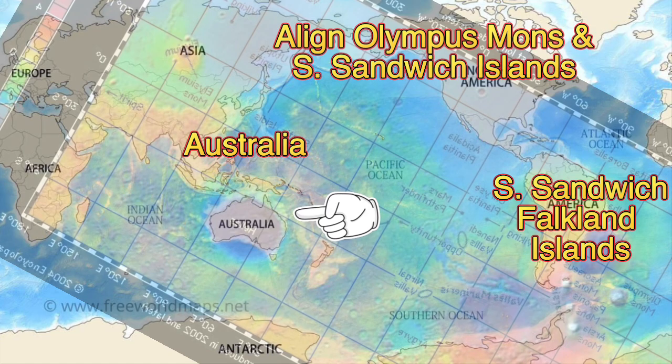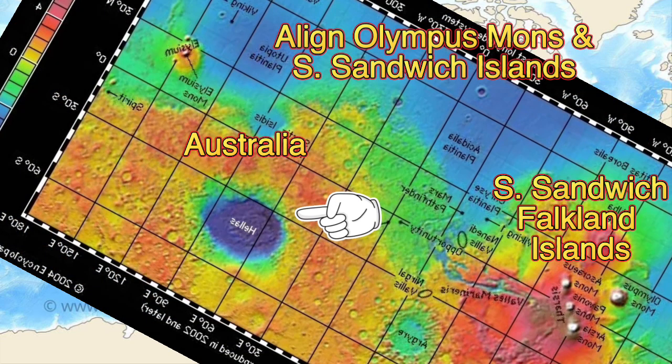Where's the surface for this giant crater on Mars? And the answer is it helped cover the surface of Australia.